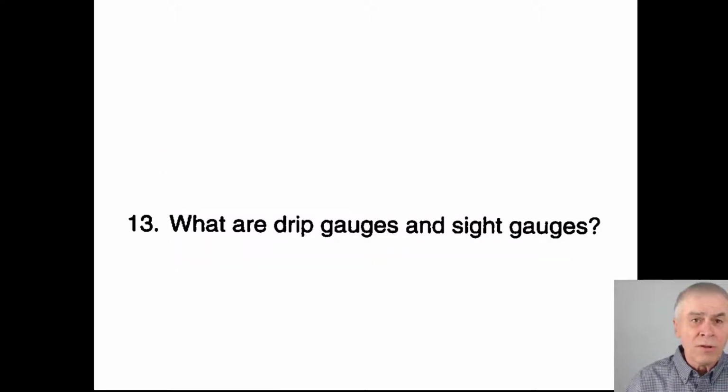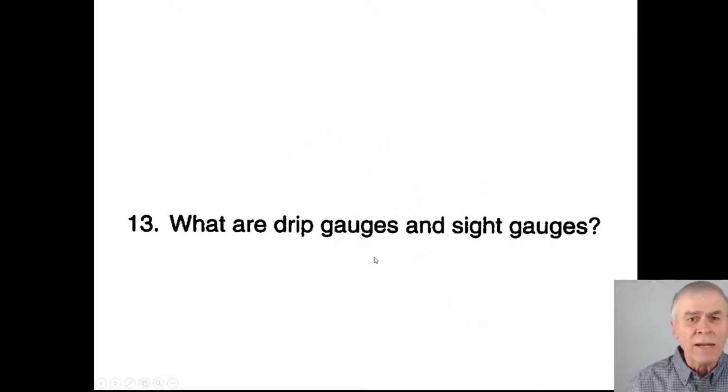What are drip gauges and sight gauges? They're basically fuel quantity indicators that can be used by ground personnel on the ground.